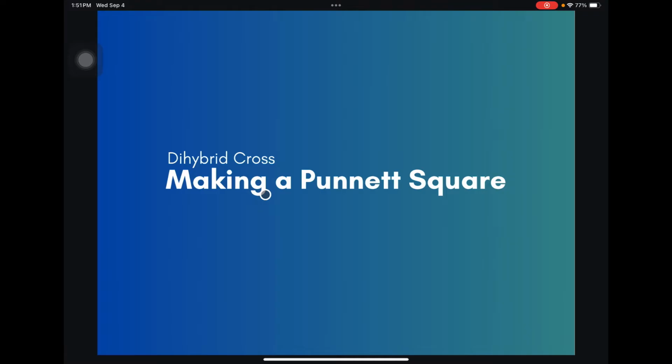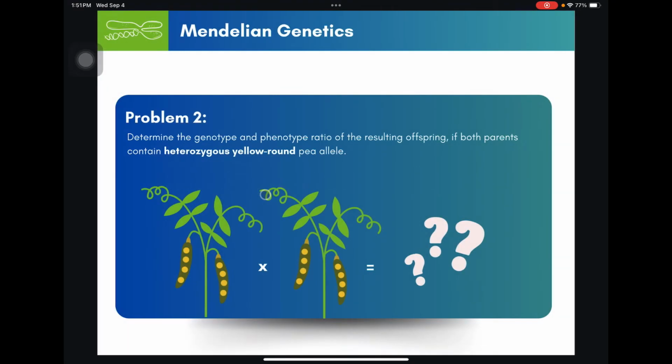Now in a dihybrid cross, we also create a Punnett square in order to predict the possible genotype and phenotype ratio of the offspring. Let's consider this problem. Determine the genotype and phenotype ratio of the resulting offspring if both parents contain heterozygous yellow, round pea alleles.